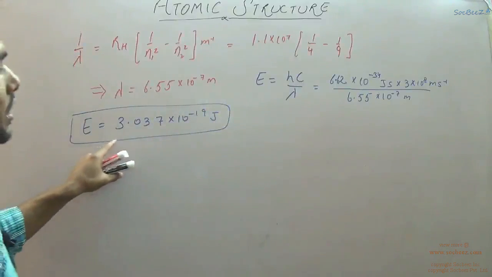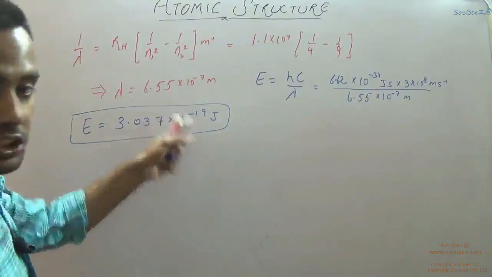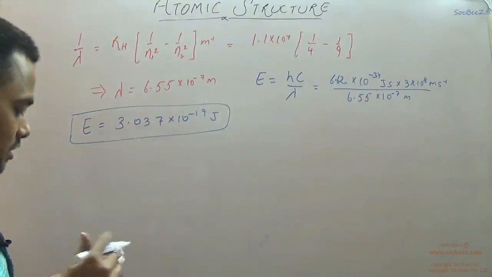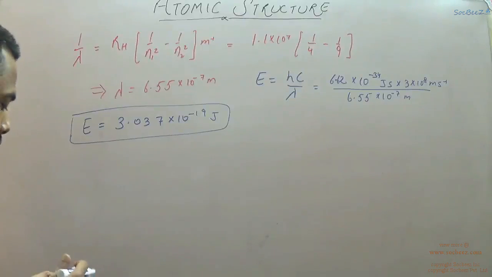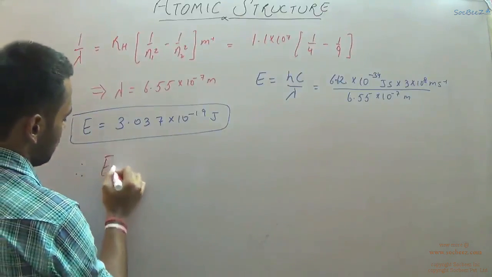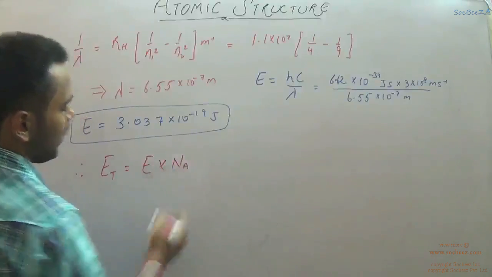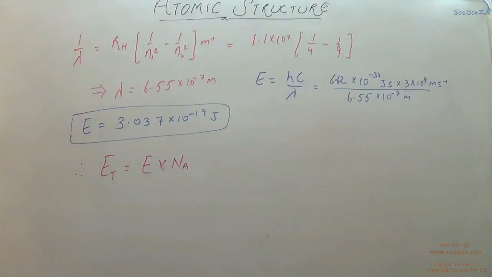But this is the energy for one atom. In the question we are asked to calculate the energy of 1 gram atom, which means 1 mole. So the total energy is E into Na, where Na is the Avogadro number.